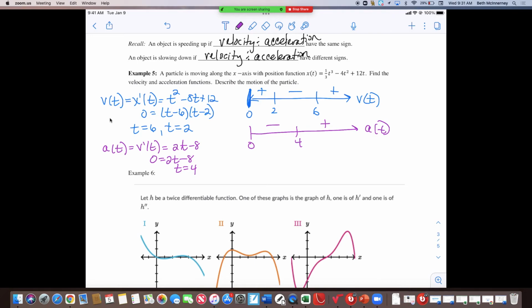So I would say the particle slows down from 0 to 2 and 4 to 6 because a of t and v of t have opposite signs.